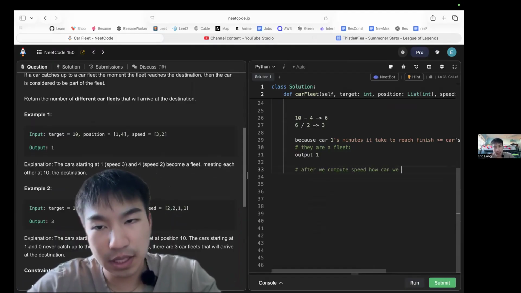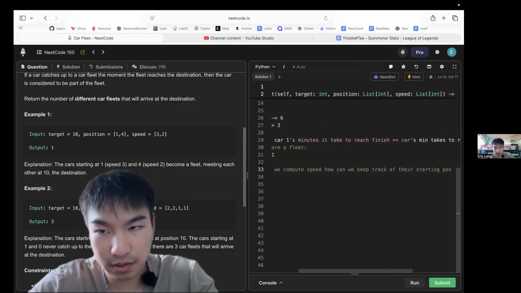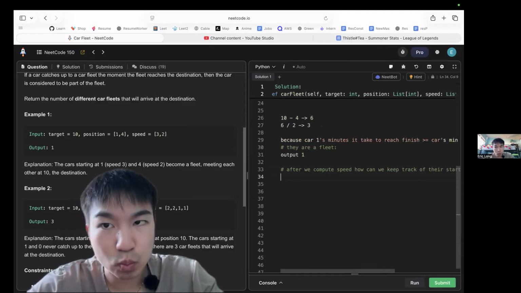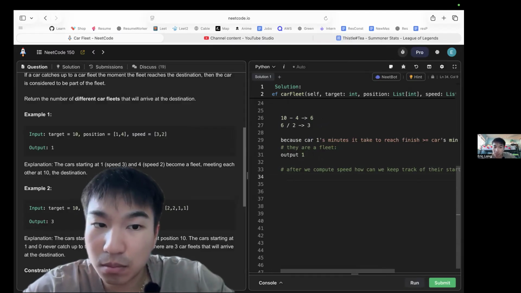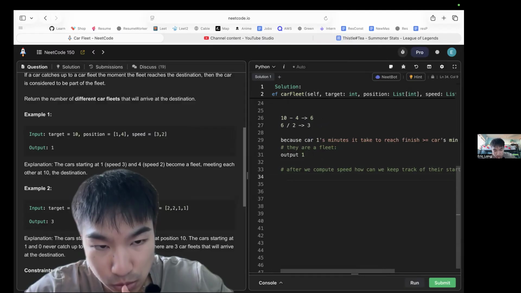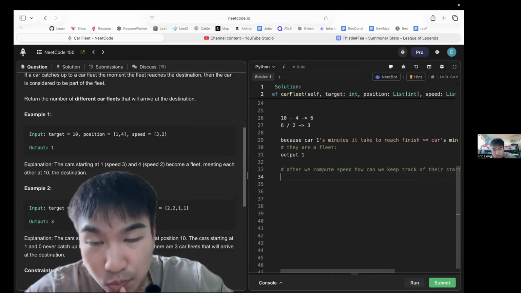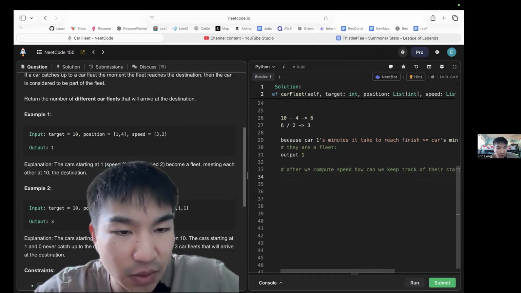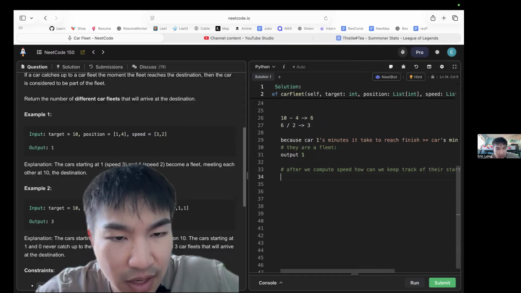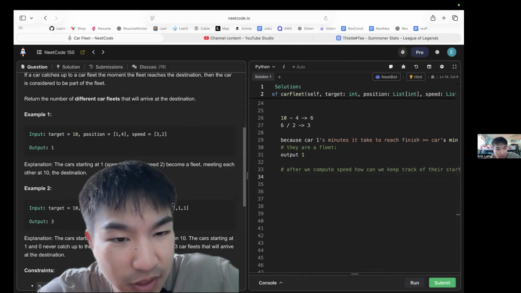How can we keep track of... I guess we could have a... I'm thinking sorting would be good, but if you sort this, we're gonna lose its speed.